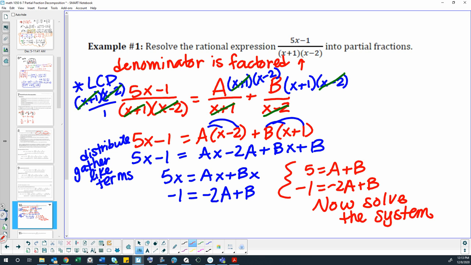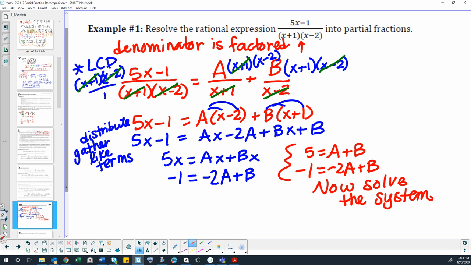You could use substitution, elimination, matrices, Cramer's rule, or inverse matrices. Whatever you want, you can use to solve for a and b, and then you put it back together into your equation. Okay, so that is the more traditional way of doing this problem.